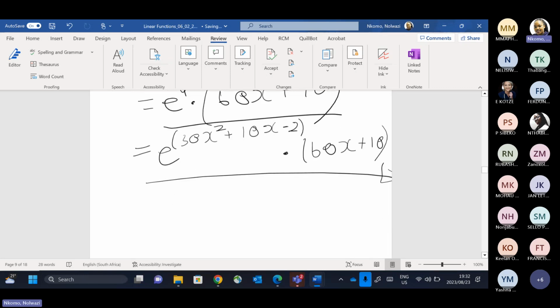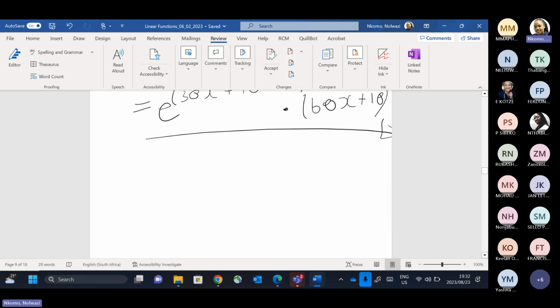Like another example, suppose you are given f of x as e to the power 3x squared. See, the original function here was e to the power x, right?